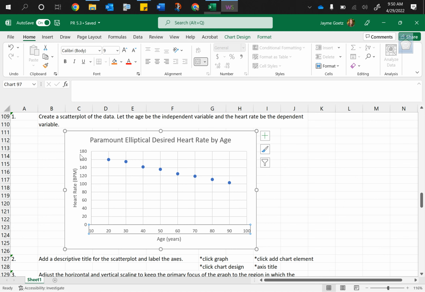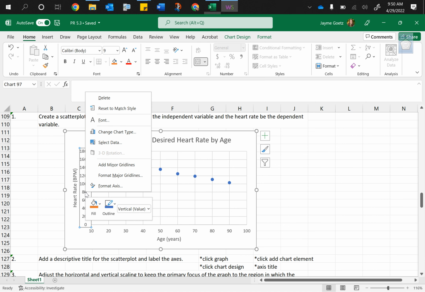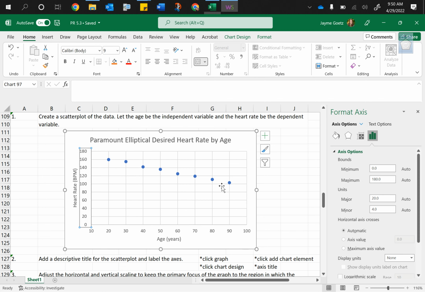And now I want to focus on the vertical axis. So I'm going to right-click on my vertical axis. Right-click on your vertical axis, go to Format Axis. Now this one might take a little more thinking. I've got 0, 20, 40, 60. All of this space has nothing in it, so I think I want to start at 100.